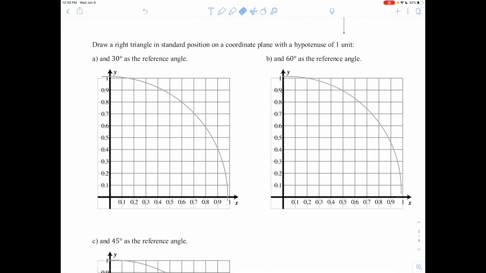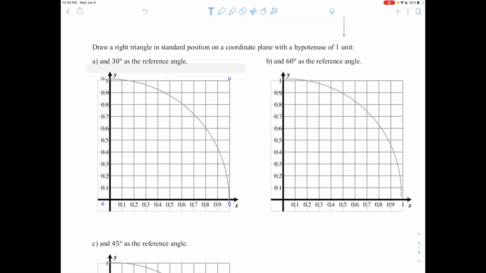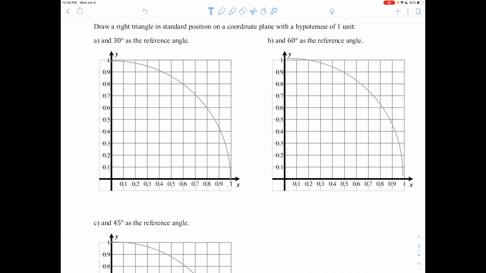So now what I have done here, and if you didn't print out the note page, but you have a compass and graph paper, then what you can do is draw an XY coordinate plane in quadrant 1, just like I have here, and then count out 10 units, or you could count out 6 units or 8 units, any number that's easy to cut in half, and label from here to here, 0 to 1, and do the same thing, 0 to 1.